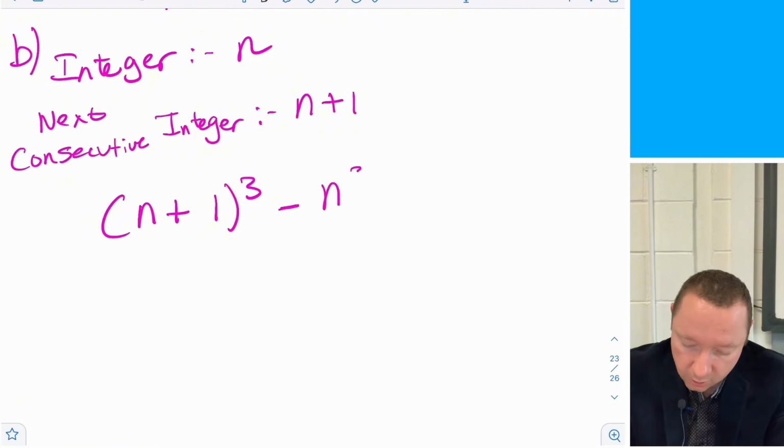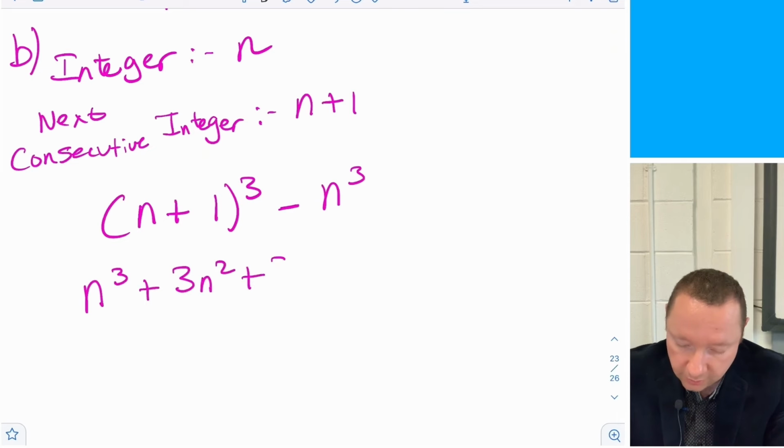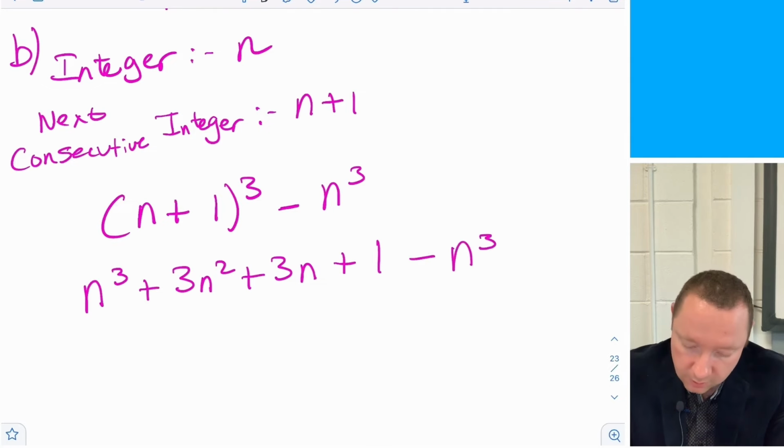minus n cubed. Expanding n plus 1 cubed, we get n cubed plus 3n squared plus 3n plus 1, minus n cubed. We've used Pascal's triangle for that.